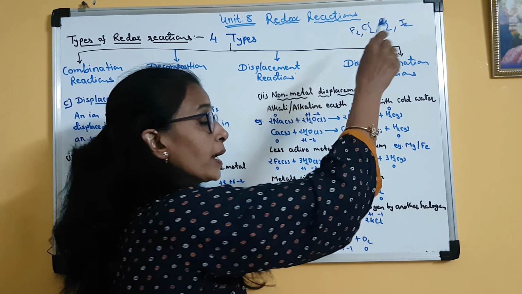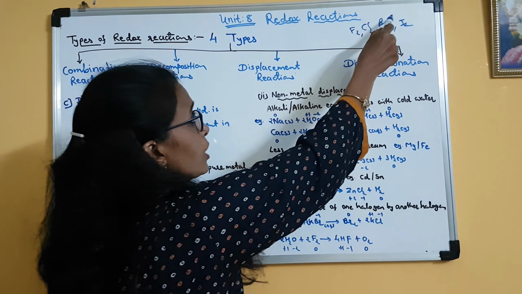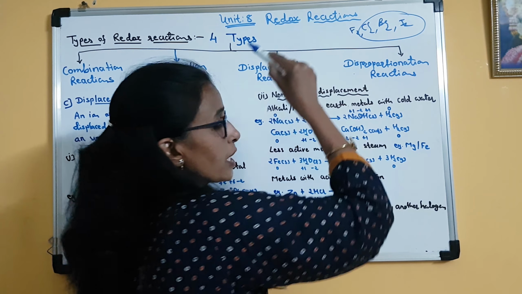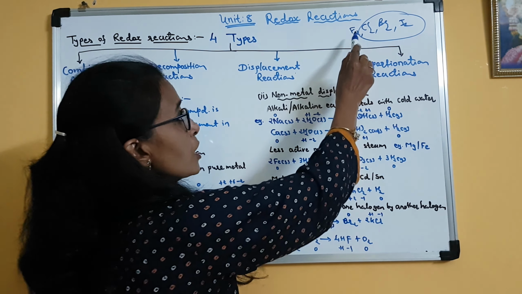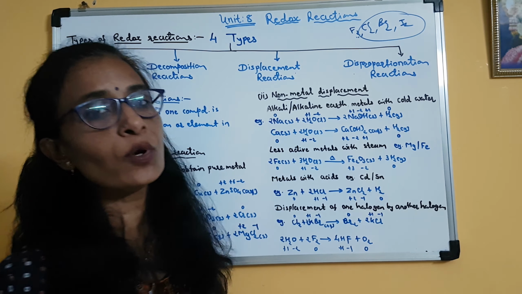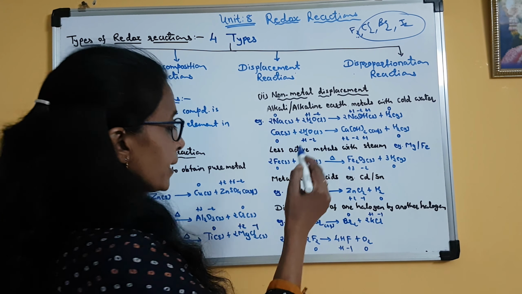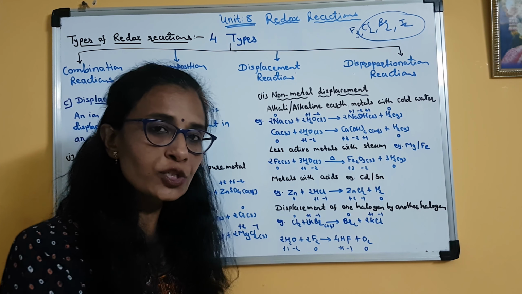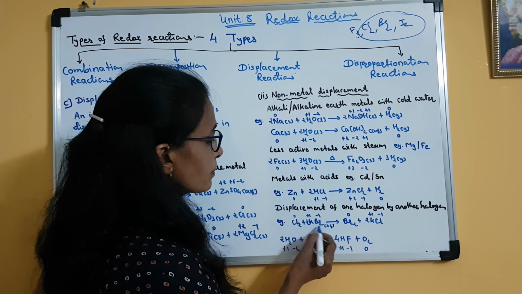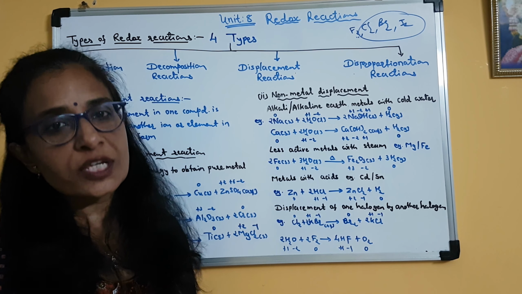But F2 cannot be used to displace any of these three halogens. This can be asked as a 1 mark question. Why? Because fluorine is a highly reactive halogen. And as I told you, when one halogen has to displace another halogen from the compound, that compound must be in aqueous form.